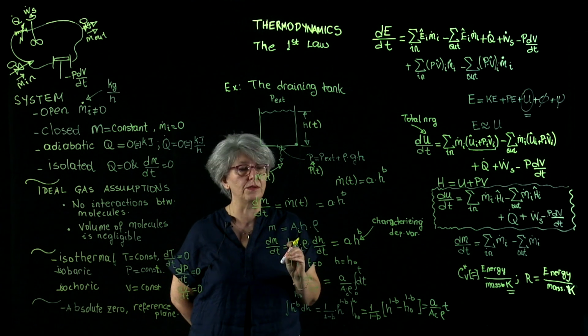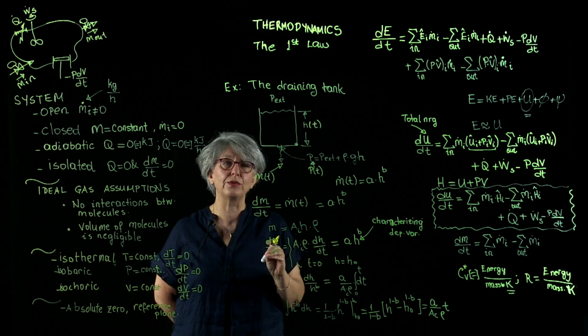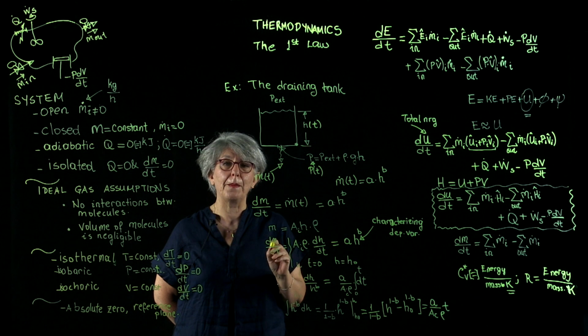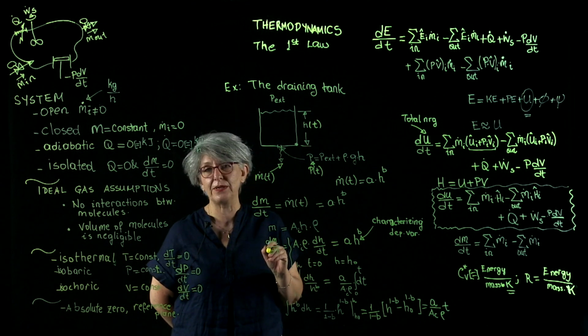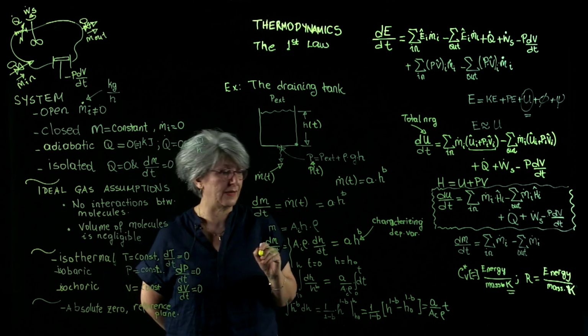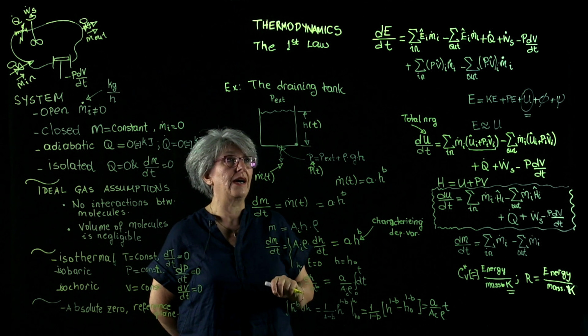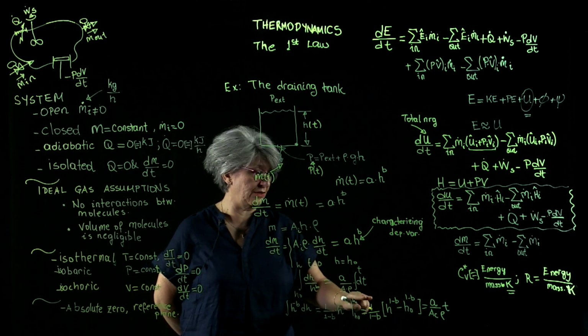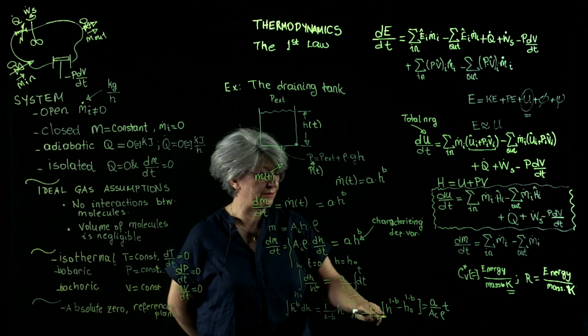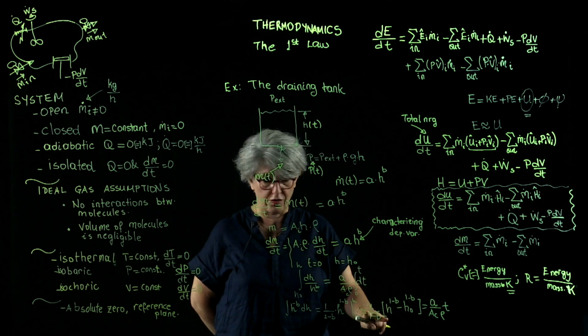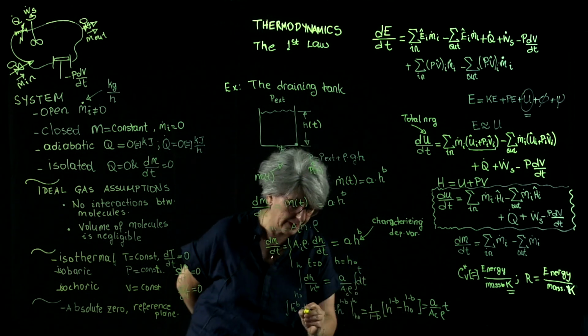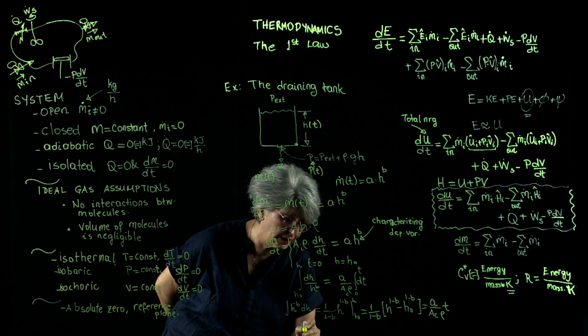What I can do is go to the laboratory, make a measurement, and perhaps that measurement can give me a relationship. Now I have the equation. I will rearrange this equation for h of t.